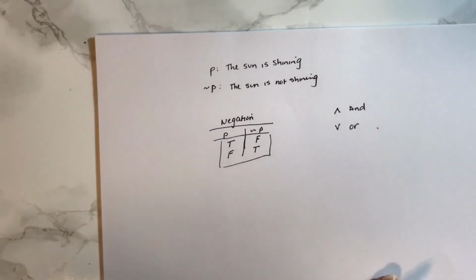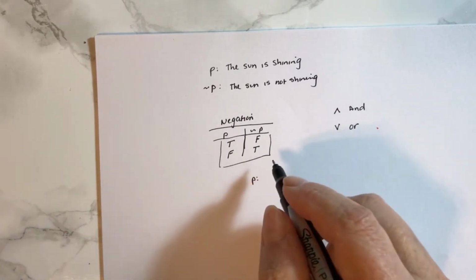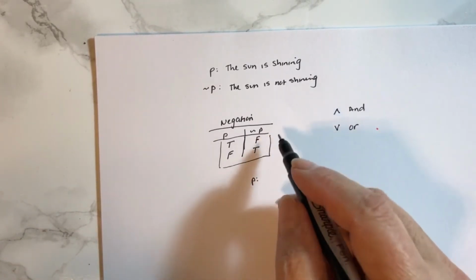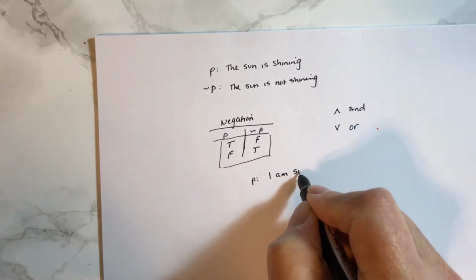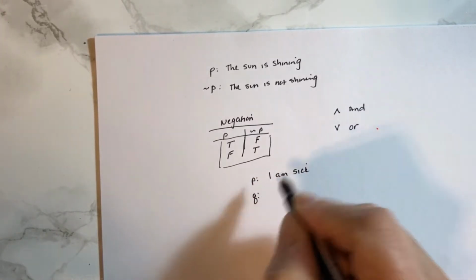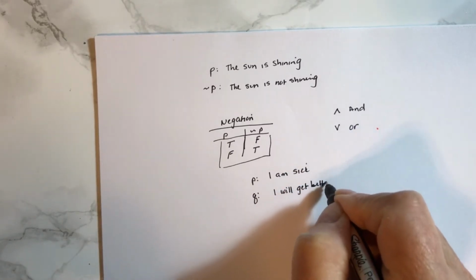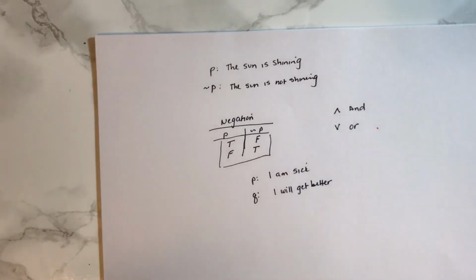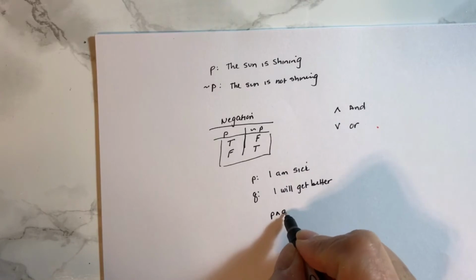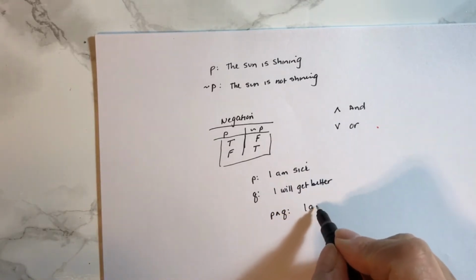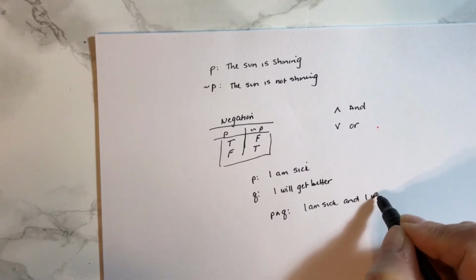So, I could say P. Oh, something simple. I am sick. And Q, I will get better. So I've written two statements, P and Q, okay? And I could say, what's P and Q? Well, P and Q is I am sick and I will get better.